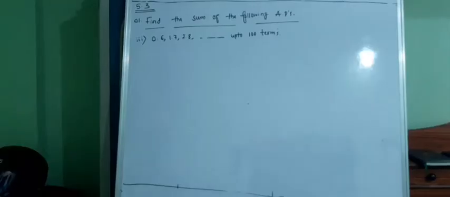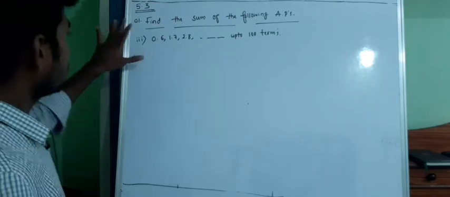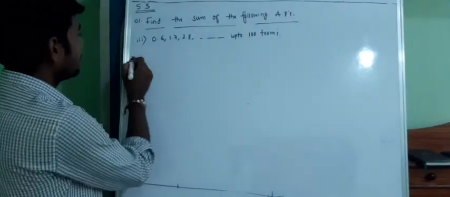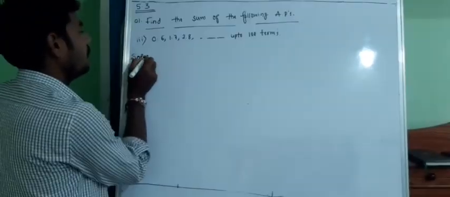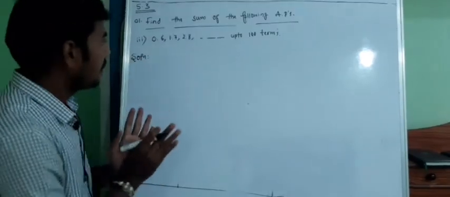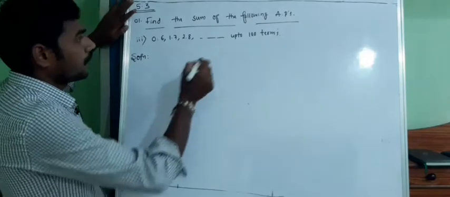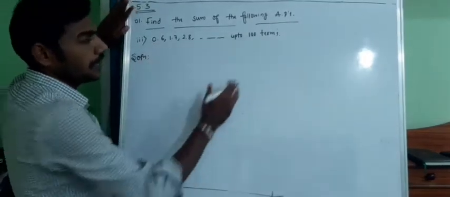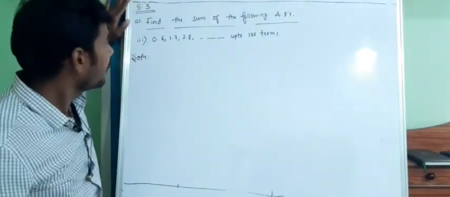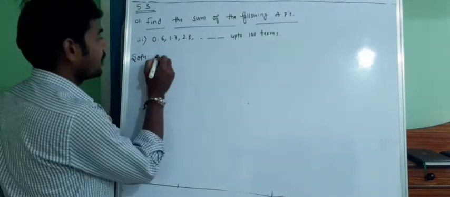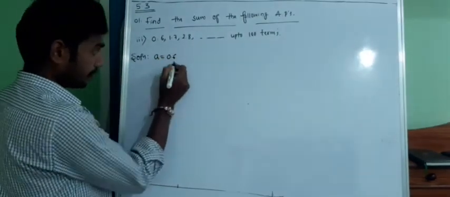Okay, next, third question, first main, third sub question. See, it is there in decimals, and don't panic, it is very easy. So we should follow the procedure. What is that procedure? In this series we need to find the sum of 100 terms. So what is A? A will always be the first term. A is equal to 0.6.